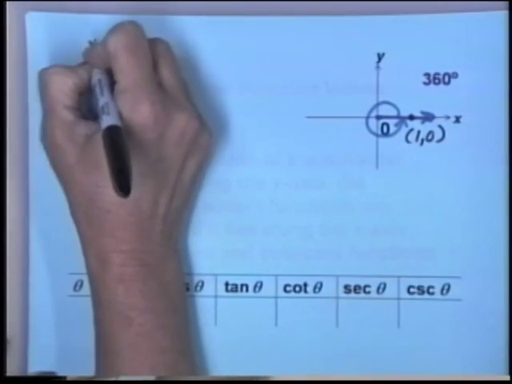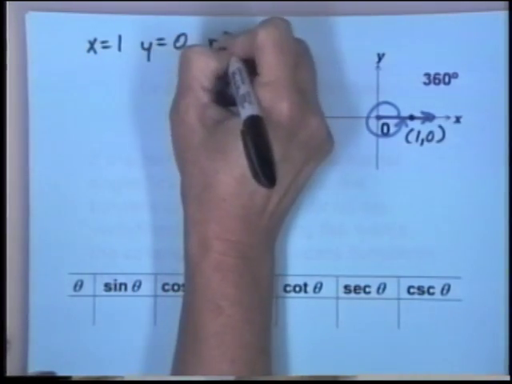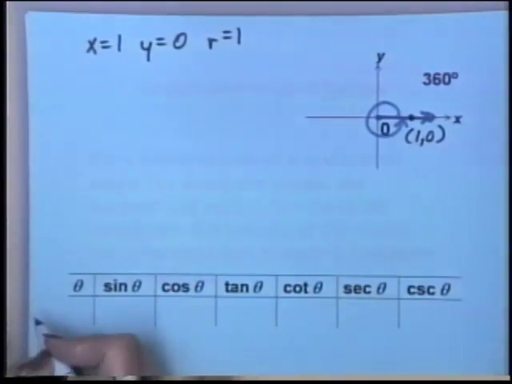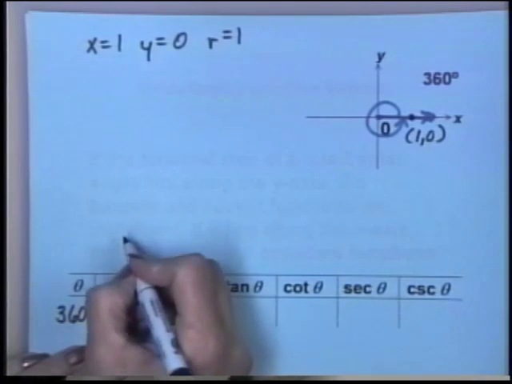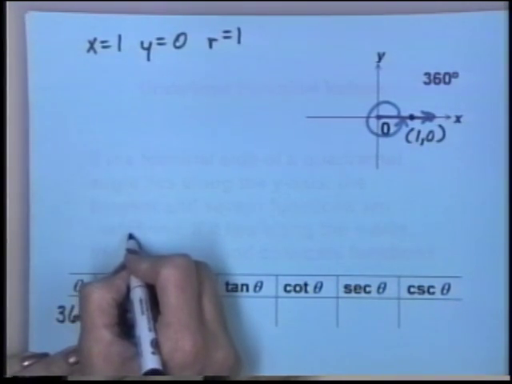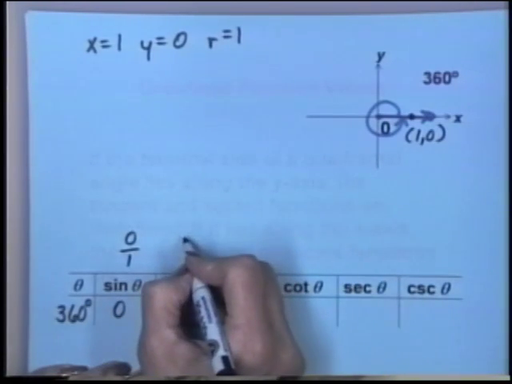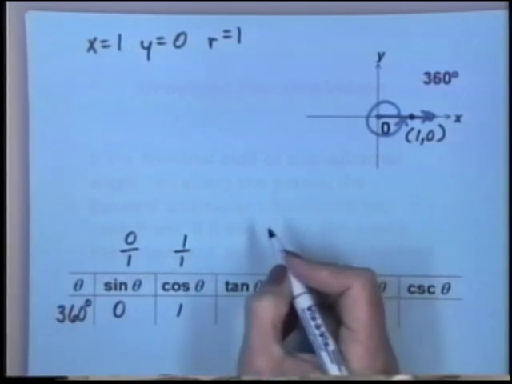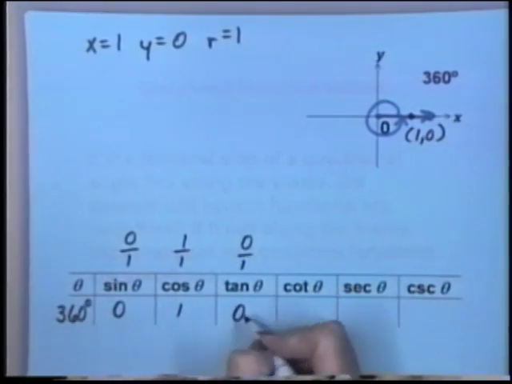In this case, x is 1, y is 0, r is 1, that distance is 1. For my sine, y over r, I get 0. For my cosine, x over r, we get 1. For the tangent, y over x, we get 0.